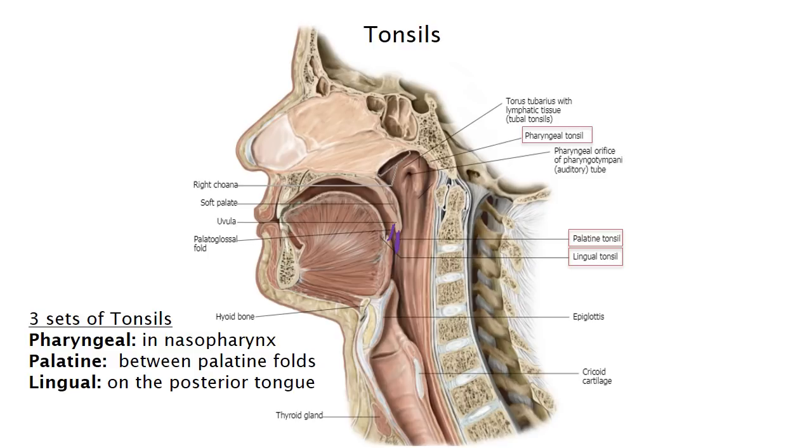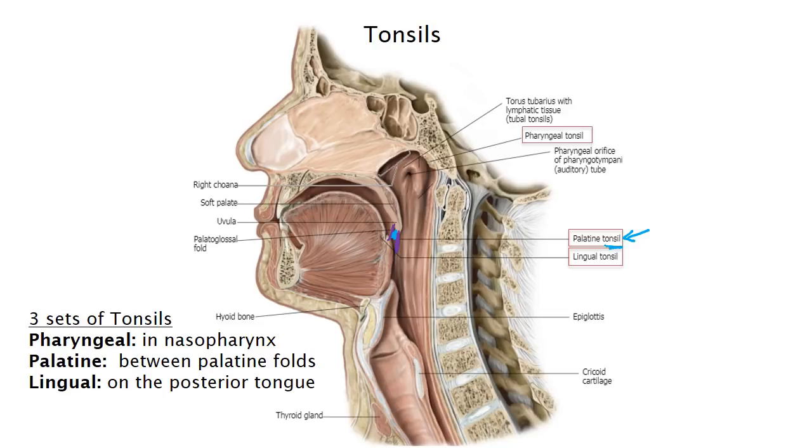The triangular recess between the two arches lodges the palatine tonsil. So let's draw that in blue. The palatine tonsil would be right there in between the two. So if you hear the term tonsil, generally the person is likely referring to this palatine tonsil.